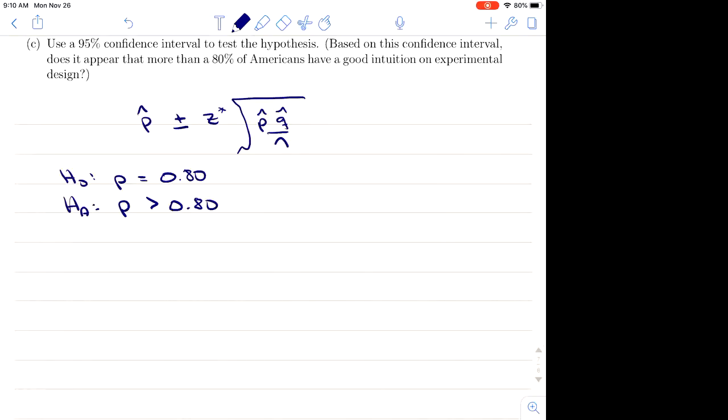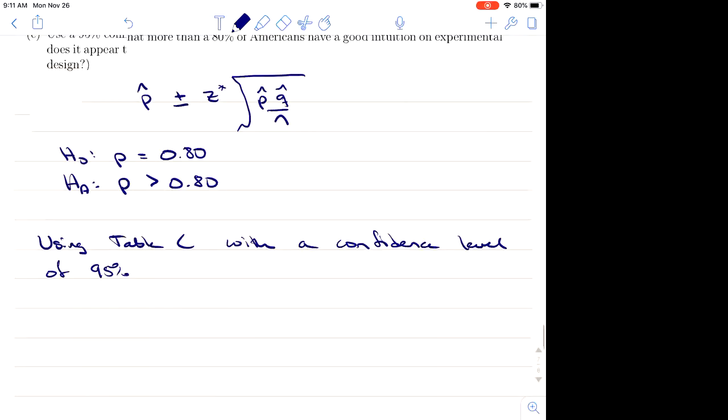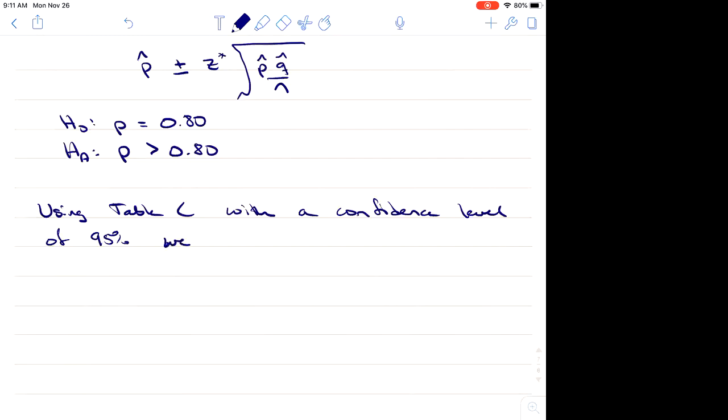So for a 95% confidence interval, we have to find our z star. So using table C, with a confidence level of 95%, we find that z star is 1.960.